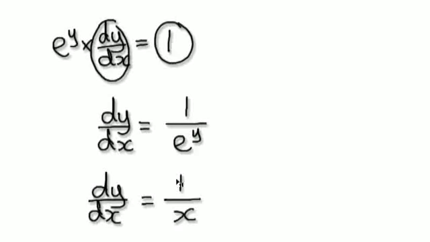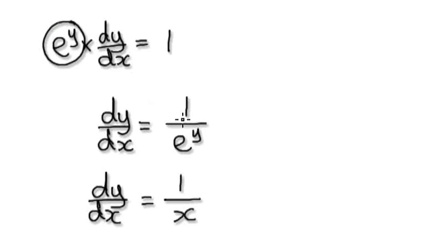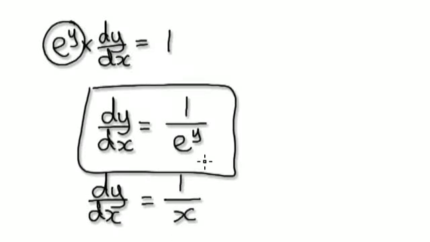Now your aim is to get dy by dx on its own, so divide both sides by e to the power of y. So dy by dx is 1 over e to the power of y.